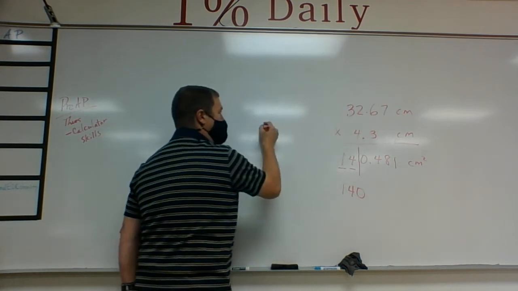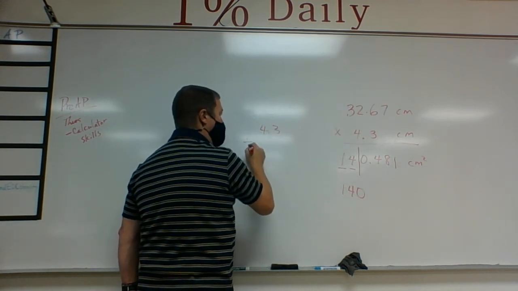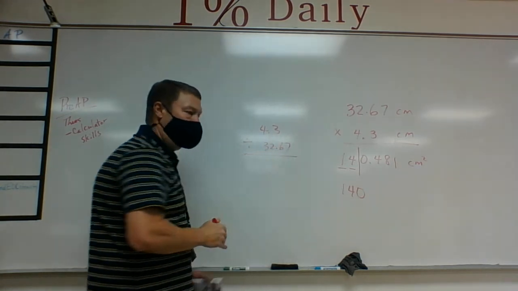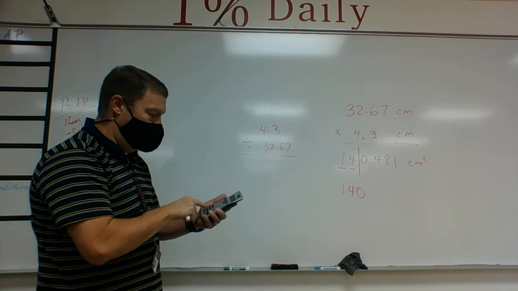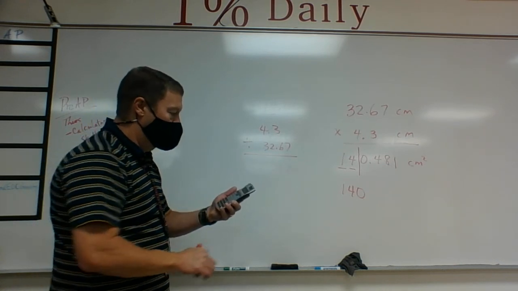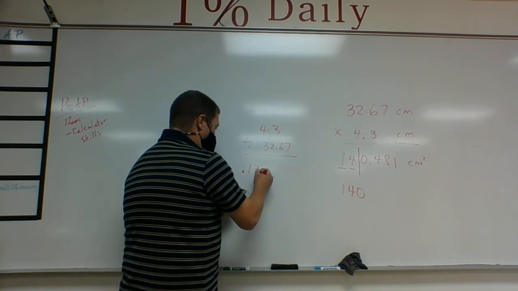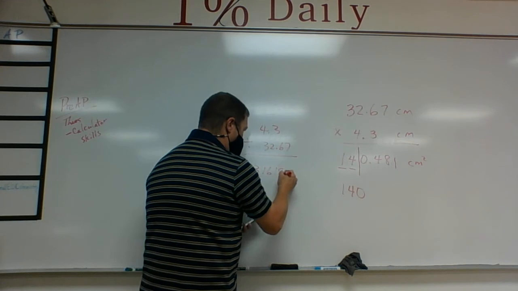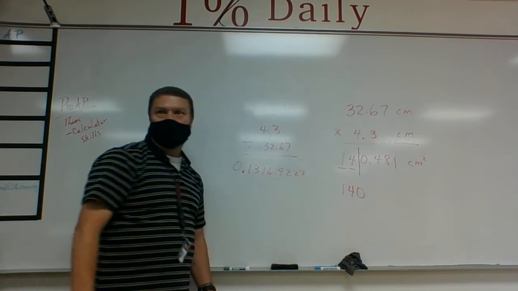Take these two numbers and flip them. I want you to take 4.3 divided by 32.67. It doesn't matter what numbers I use, I'm just using these same numbers and goofing around with them. 0.13, oh, on my calculator it actually says 0.131619222. Yeah, that's not the answer.